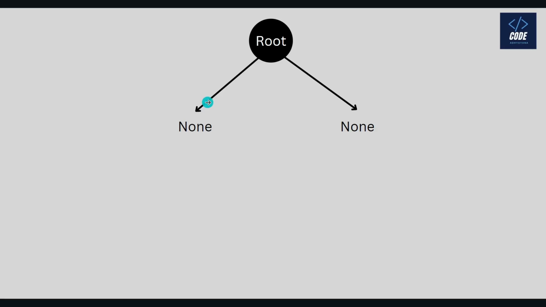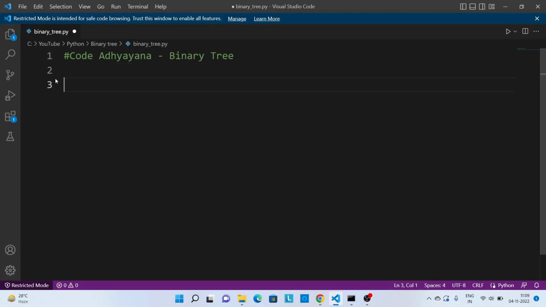If you see one particular node, it has three things: its own data, and the left node and right node. Let's create a Python class with these three attributes. I will call this class BinaryTree.